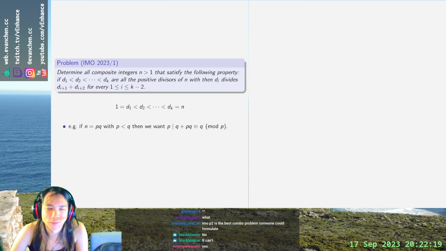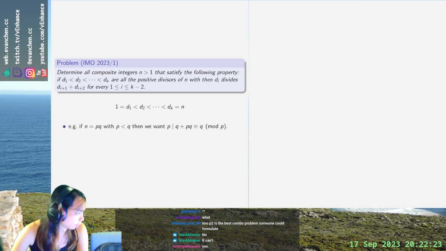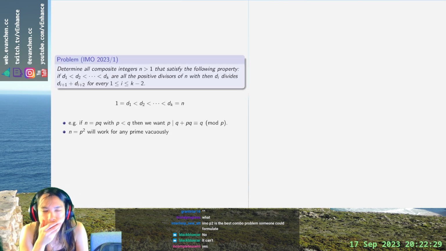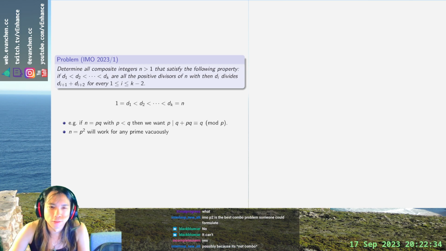On the other hand, what are any examples? n equals p squared will work for any prime vacuously. The top will cause the problems, right?